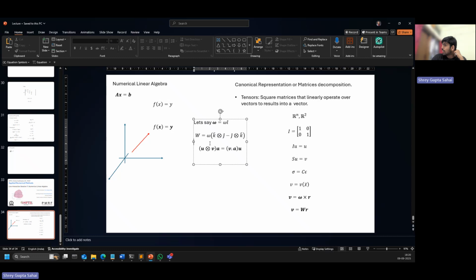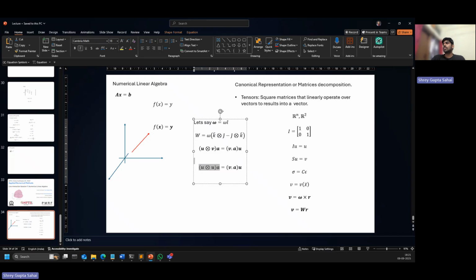Great. Okay. So what that is doing is, suppose you have this vector v. Let me give you a much simpler example. Let's say we are interested in this product.